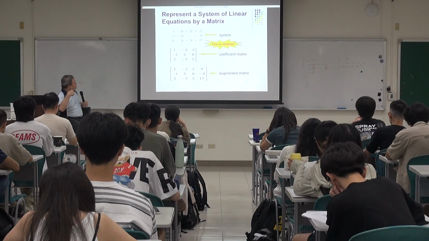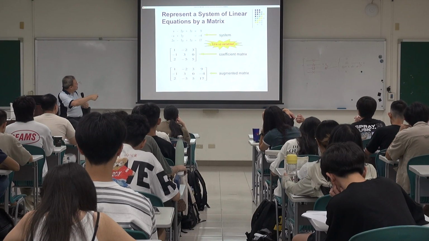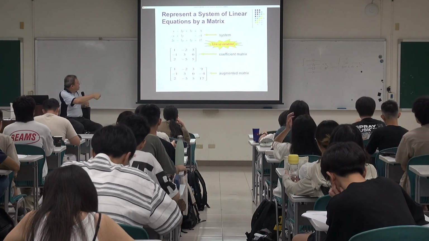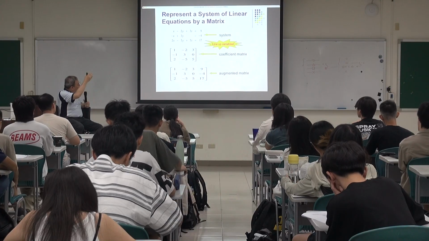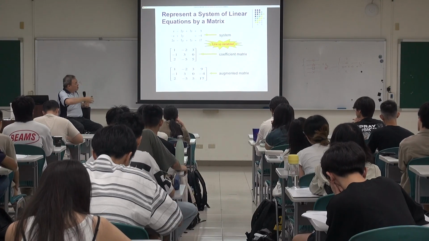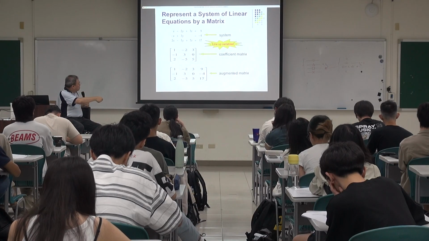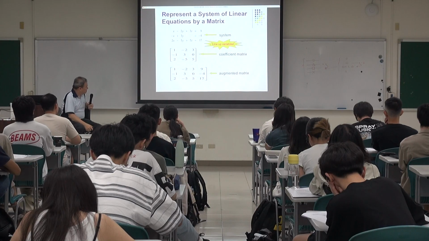So after you understand that, you can represent a system of linear equations by a matrix. For example, this system. First of course you need to line up the variables, and then you can write their coefficients into a matrix like this. This is the coefficient matrix.